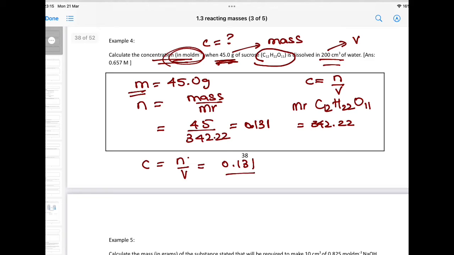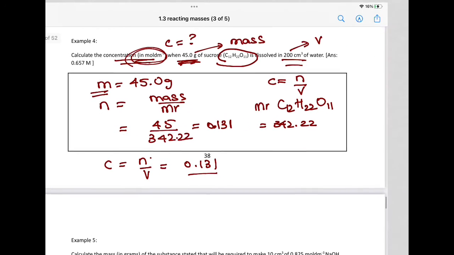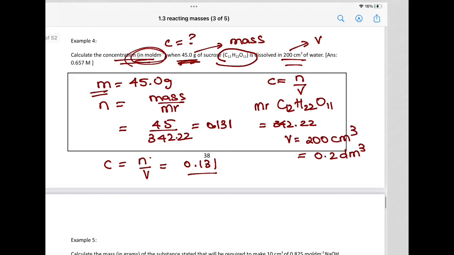So volume is provided in centimeter cube. You'll have to convert that to dm³. Divide by 1,000. So you have the answer, which you can also report as M capital.